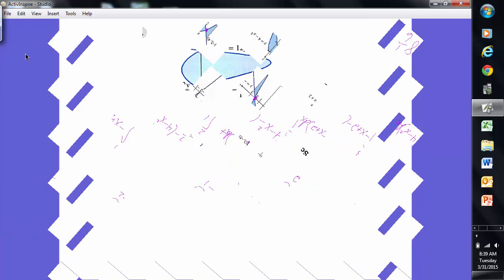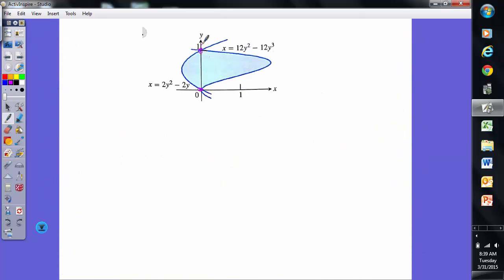Because it's telling you you're integrating with respect to x. Well, now we're going to integrate with respect to y. So our functions need to be functions of x in terms of y. So it has to say x equals. And you're going to integrate from 0 to 1. This time you're going to do the right-hand curve minus the left-hand curve. So it's almost as if you rotate the whole thing around and you go as if it were along the x-axis.